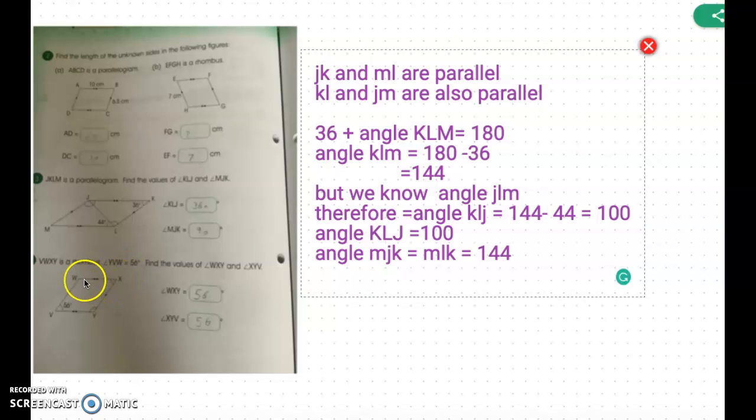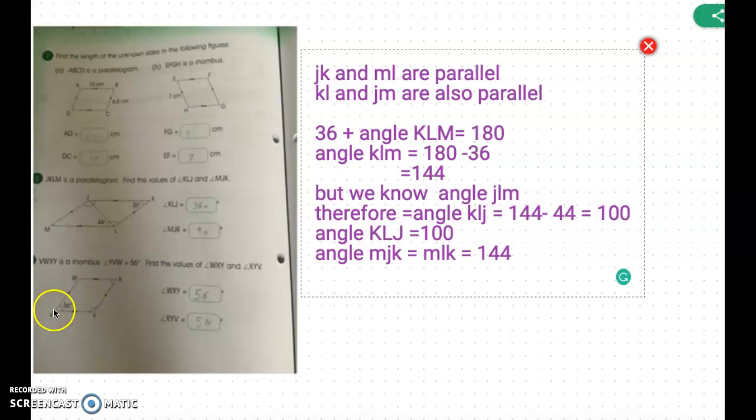This is a rhombus, okay? Rhombus VWXY. Angle VWX is 56. Find the values of angle WXY.